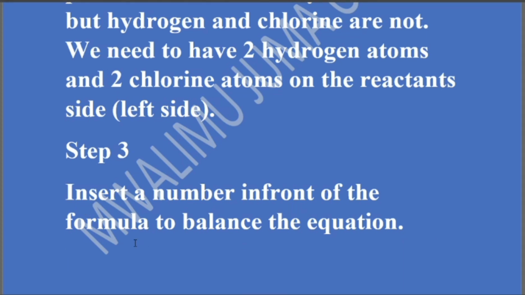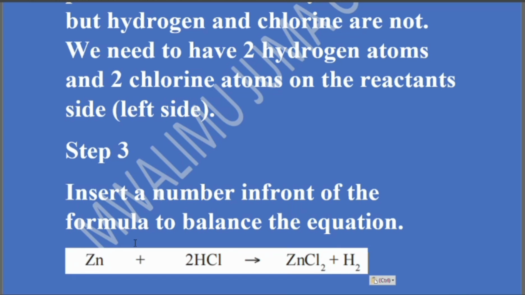Now when we insert a number to balance, this is what we will have here. You have zinc reacting with hydrochloric acid to give zinc chloride and hydrogen gas.